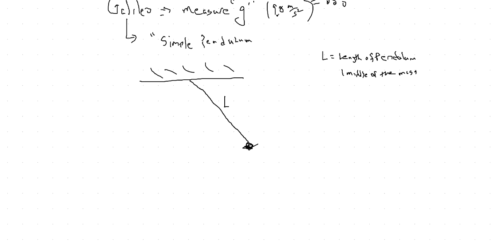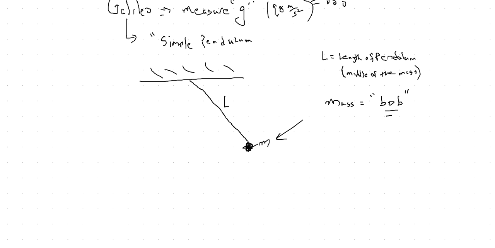So we're going to measure it right to the middle. This is M. And the mass for a pendulum, I don't know why it's called this, is called the bob. They could call it Robert, but it's called the bob. And there's the length of the pendulum measured to the middle of this mass, or the middle of the ball.